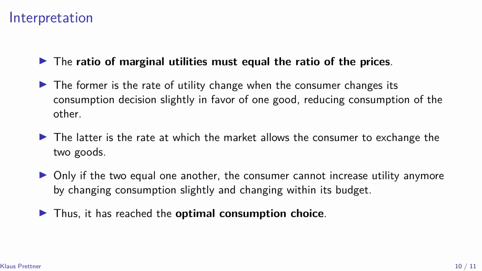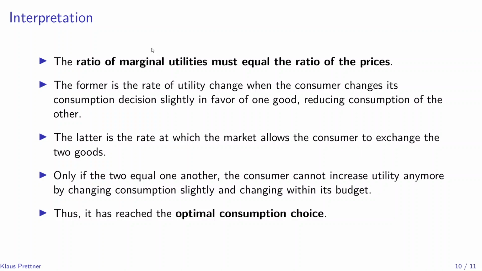Because exactly at this point, we cannot increase our utility anymore by consuming more of the good that we like more, right? So if at our consumption choice we could still increase our utility, then this would be the case because we value a good more than the relative price of this good is, so that the market allows us to exchange this good for the other good in a way that we increase our utility.